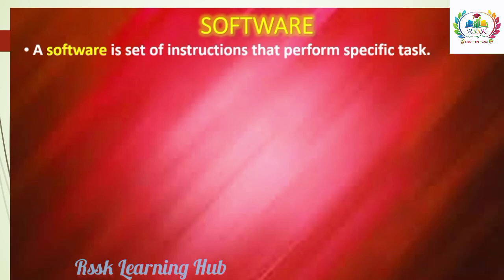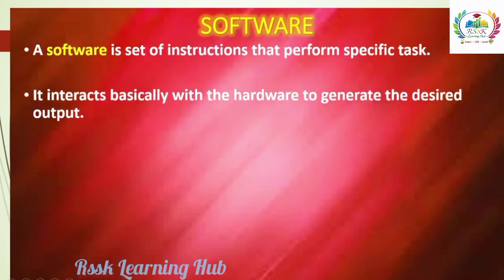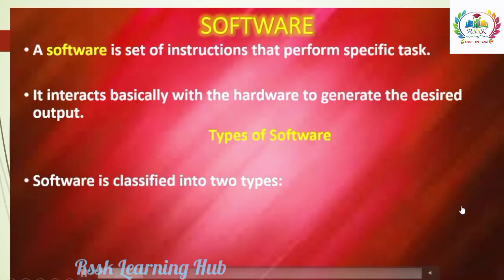Next, it can interact with the hardware to generate the desired output. Software and hardware altogether give the combination of your program part. So once you have designed your program based upon your hardware and software parts.